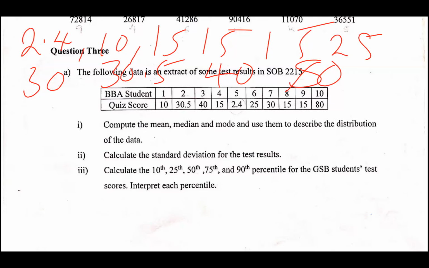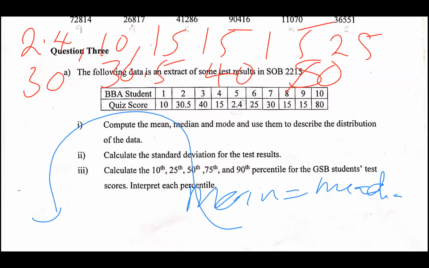So the principle is that if the mean is equal to the median and to the mode, then the data is symmetric. When the data is symmetric, all of them are equal. Understand?